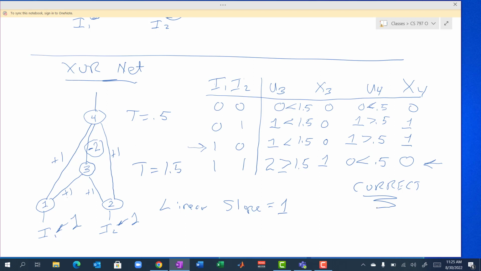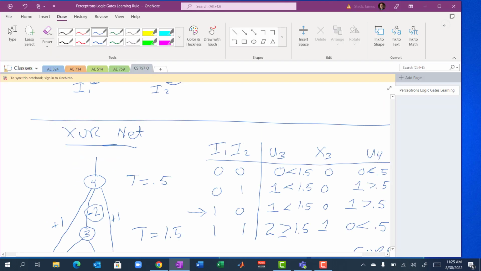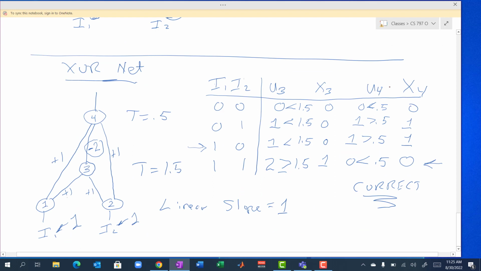All right, some terminology. This first set of inputs, the 0, 0, is called a pair. And if we're learning, it's a training pair when it's coupled with the correct output.